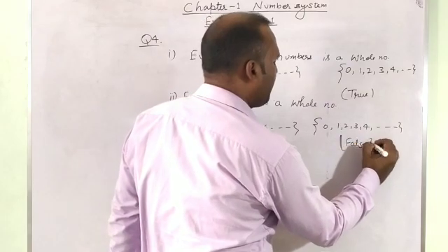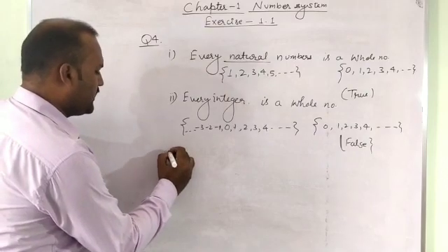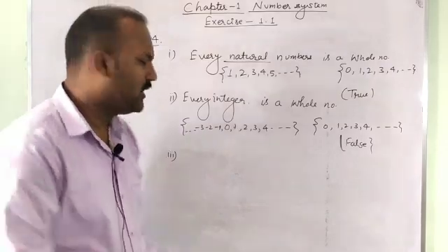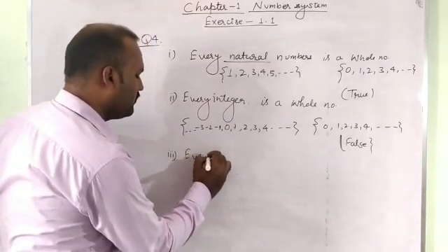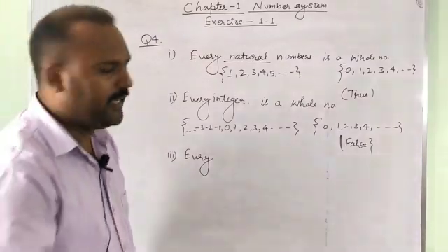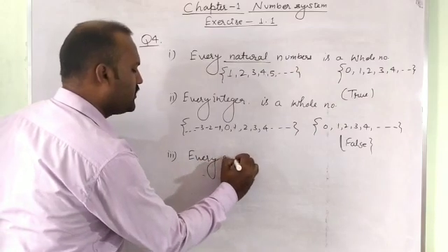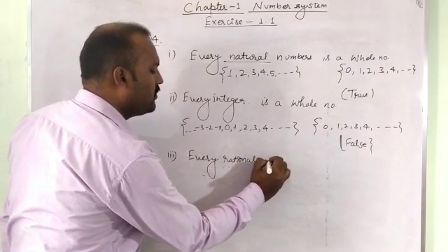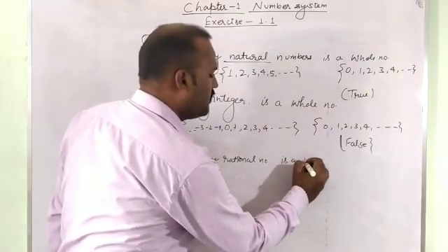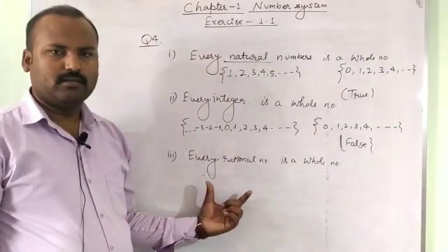Now check the third statement. The third statement is every rational number is a whole number. Now see, every rational number.